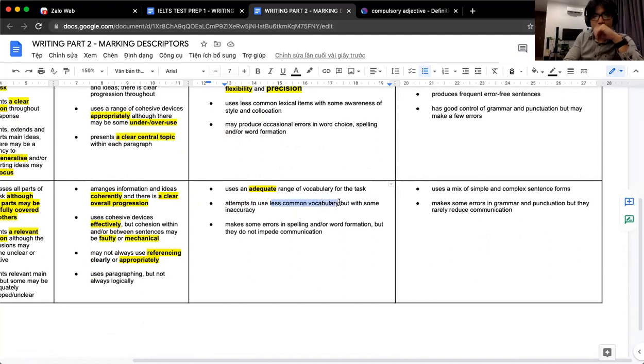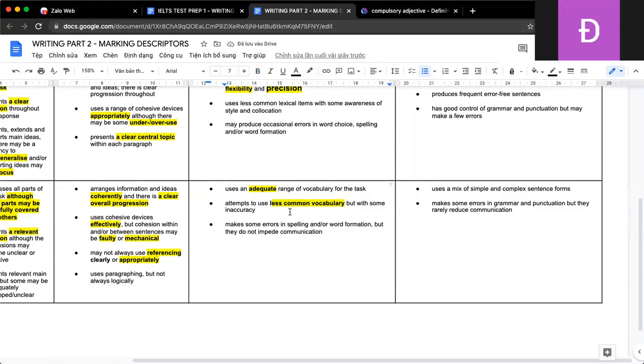So there is this question: should I use advanced vocabulary, especially when I don't really remember what it means? I kind of remember it, I kind of understand it. So should I use that word? The answer is no. Because when you try to use those words, you make mistakes because you don't understand the context.